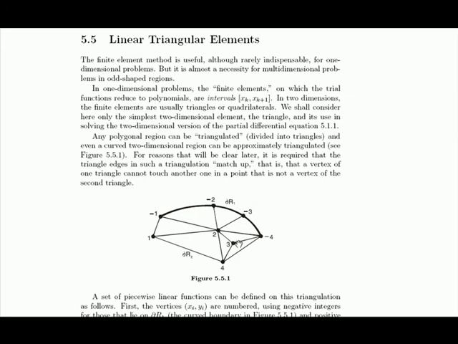S3 is non-zero only in these three triangles. There's no overlap. Therefore, in every triangle in the entire region, either Phi1 or Phi3 or both are 0. So the integral will turn out to be 0 and A13 will be 0. And if we have a dense triangulation with lots of triangles and lots of vertices, most of the elements of the matrix will be 0, so it'll be sparse.